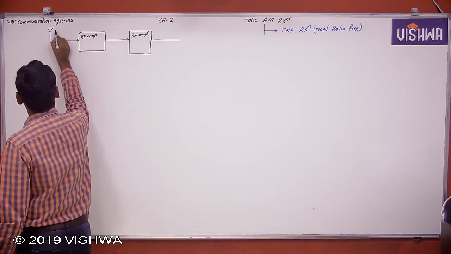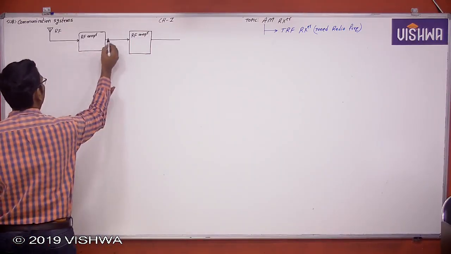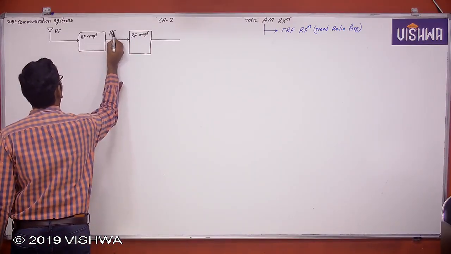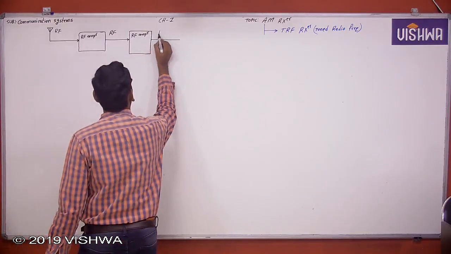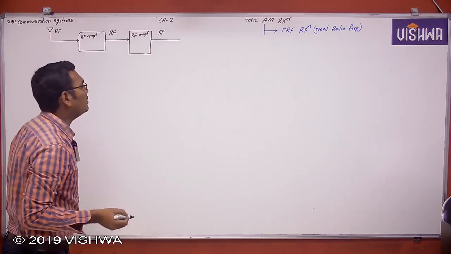This is the RF signal, a high frequency signal. To increase the signal strength, the RF amplifier is used, but the incoming signal passes through several amplifier stages, then goes for the demodulation process.